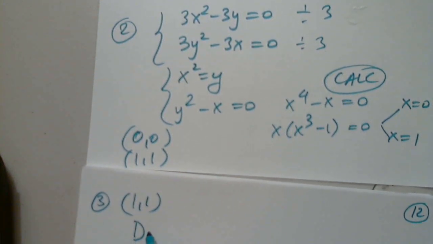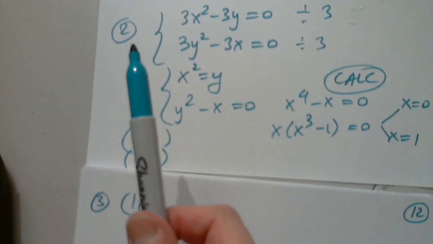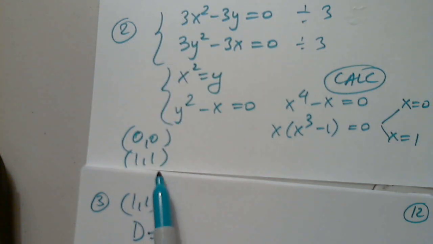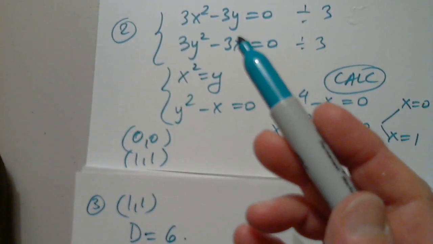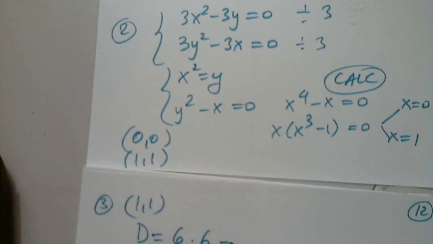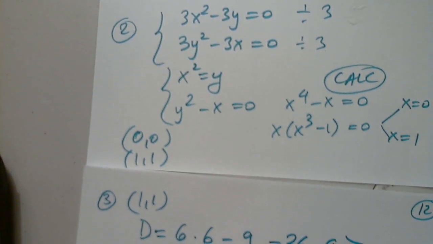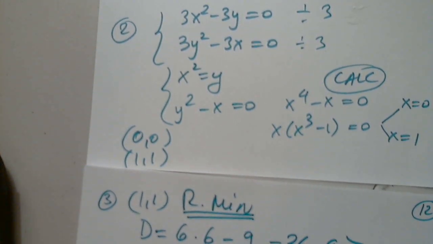Fxx at 1, 1 is 6, fyy at 1, 1 is 6, and negative 3 squared is 9. So I have 36 minus 9, a positive number. And since fxx is positive, 1, 1 gives a relative minimum.